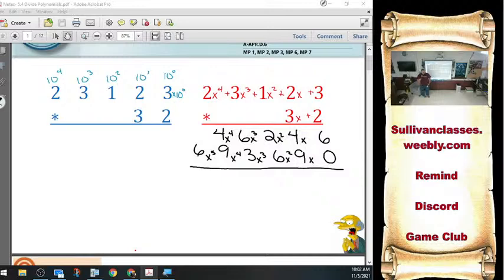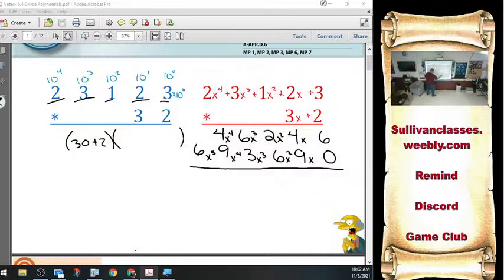My like terms are lined up. This was just a method of organization for distributing, not multiplying by 32, but taking 30 plus 2 times 20,000 plus 3,000 plus 100 plus 20 plus 3. You are doing long chain distribution.